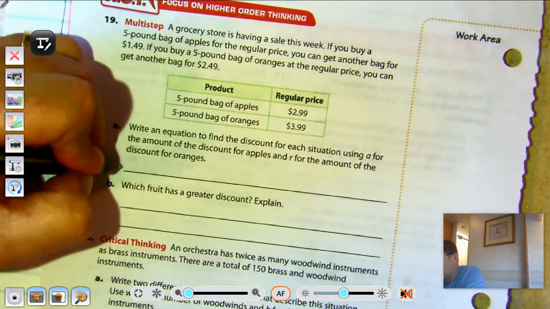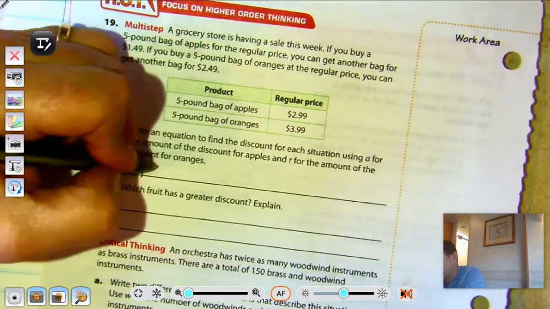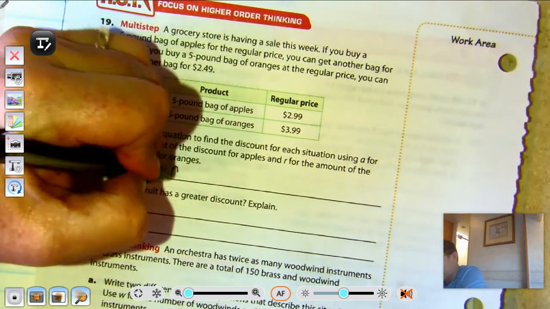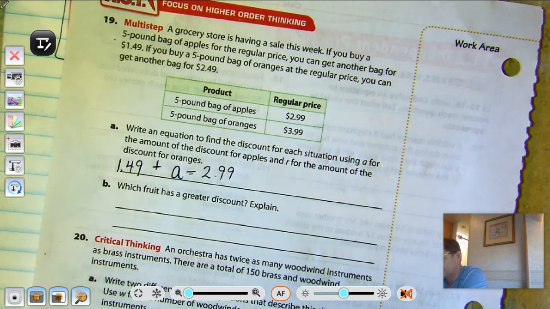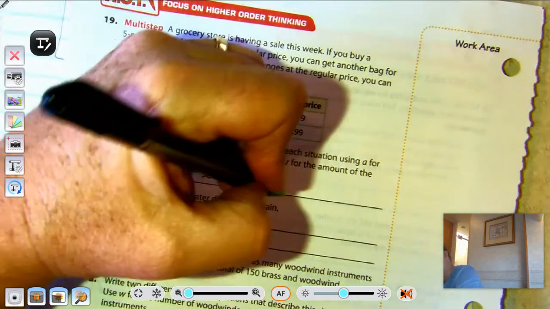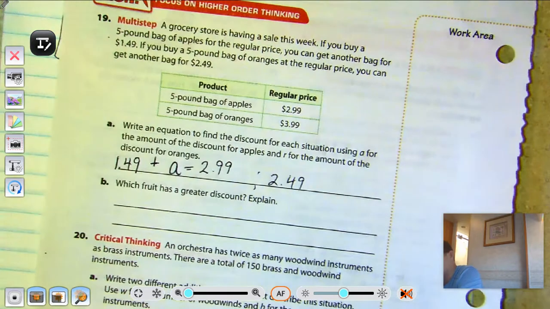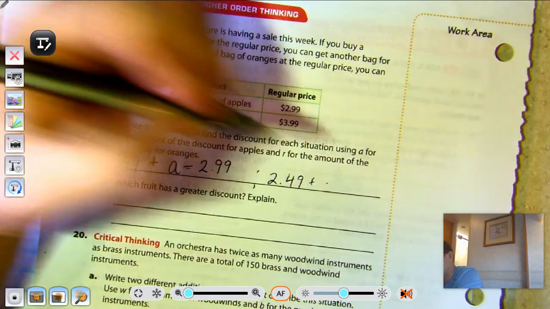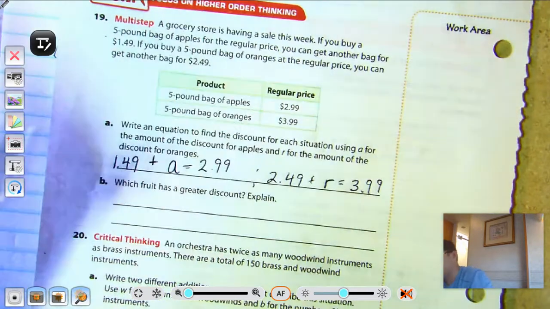All right. So basically, we have $1.49. That was the sale price. Plus A will give us $2.99. And the oranges would be $2.49 plus R equals $3.99.